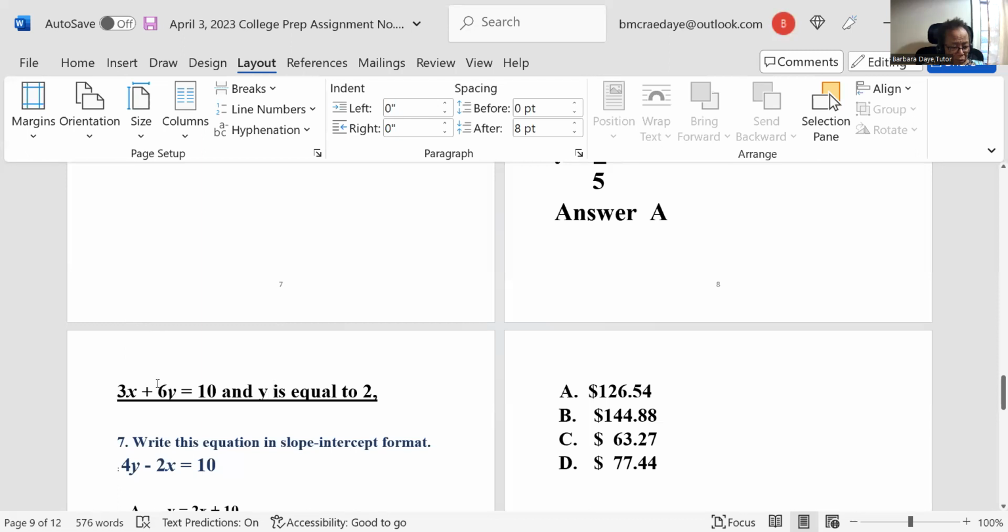Let me make this a 2. And y is equal to 2. Okay, so I want you to solve for x.